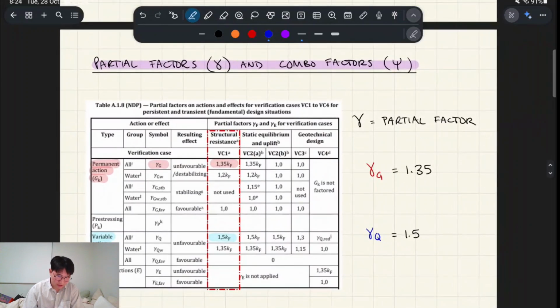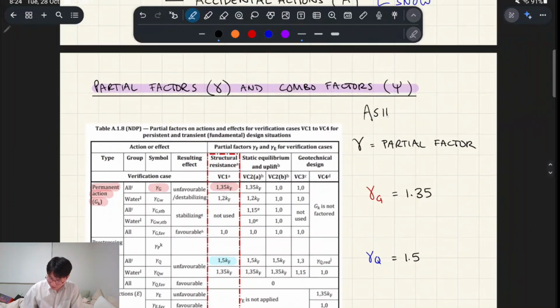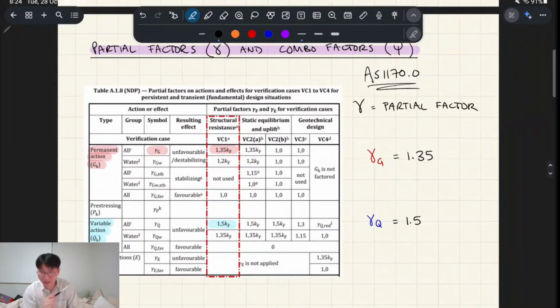Partial factors and load combinations. Forget what you know about the Australian standards for a second, and forget that we're using gamma for something completely different to the gamma method. In their equivalent of AS 1170.0, their load combination code, gamma is a partial factor constant. For example, we have 1.2G and 1.5Q.